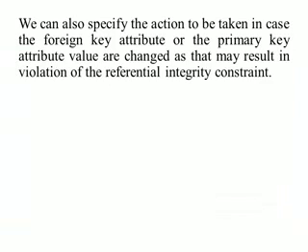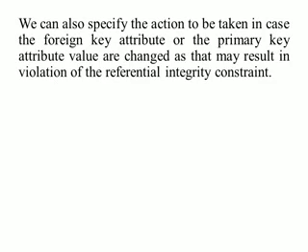Now the next thing that we have to keep in mind is that we can specify the action to be taken. We have mentioned the foreign key for a particular relation and the primary key also. Now suppose we are changing the attribute values of the primary key and the foreign key of the table, then that might result in the violation of referential integrity constraint.